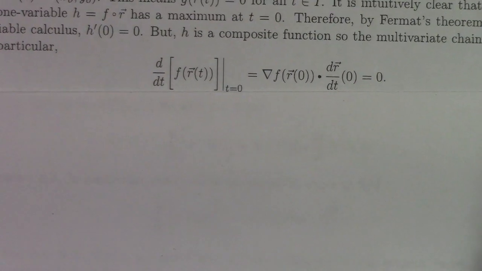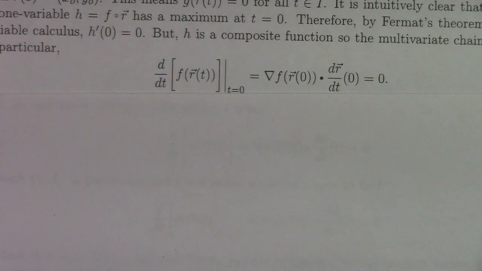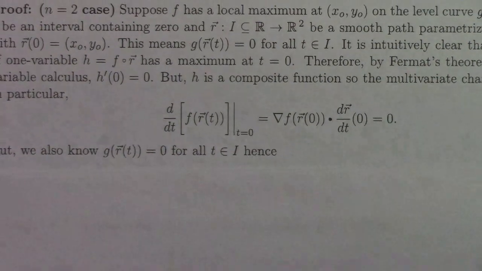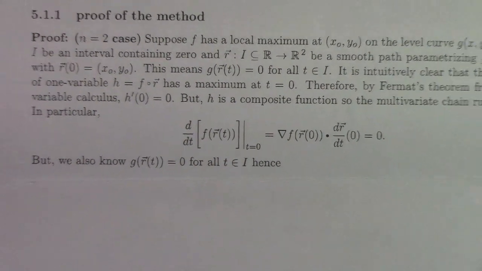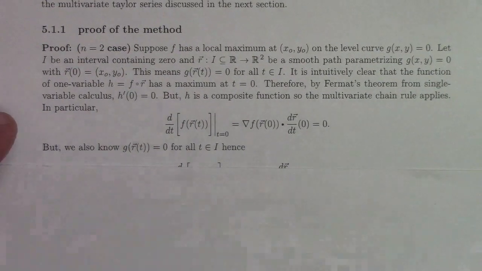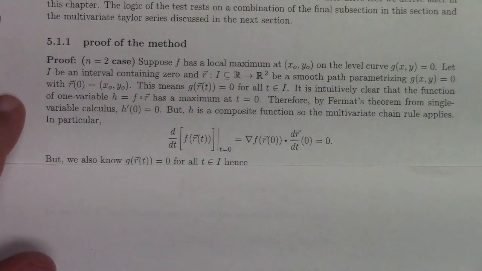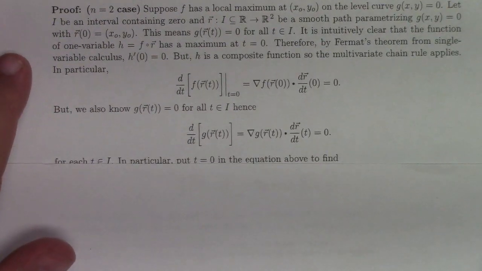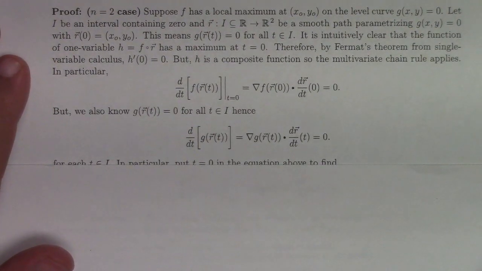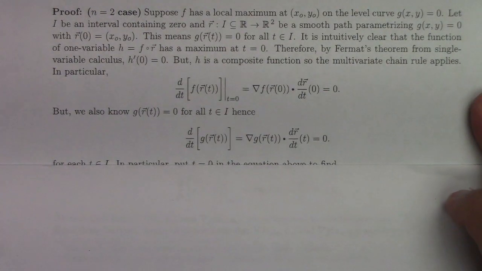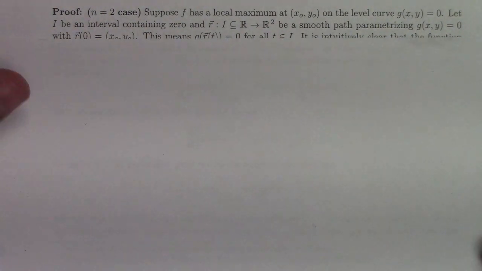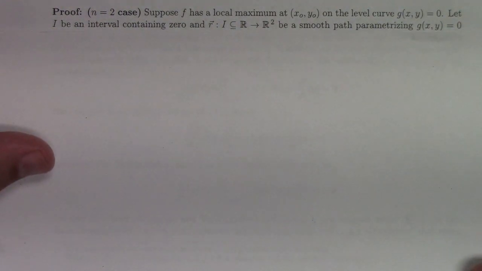Here's the n equals 2 proof. Let me zoom out just a bit. Suppose f has a local maximum at x0, y0 on the curve g of x, y equals 0.